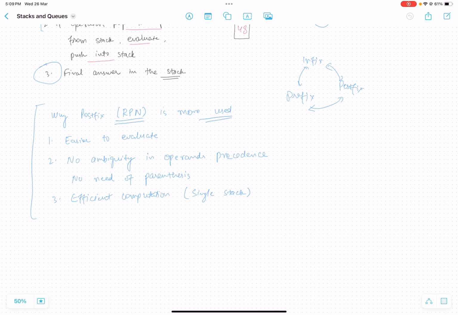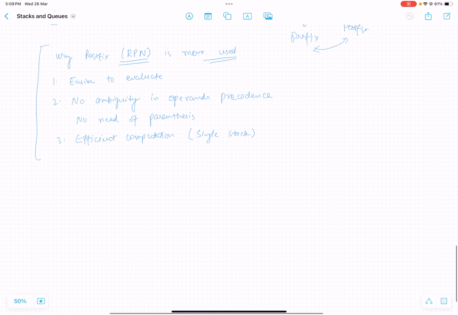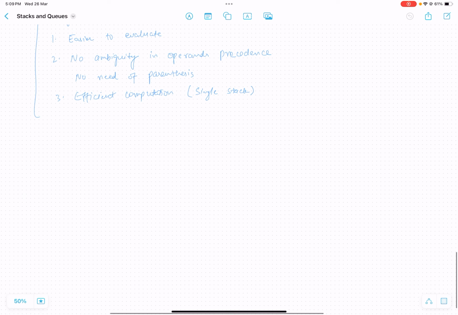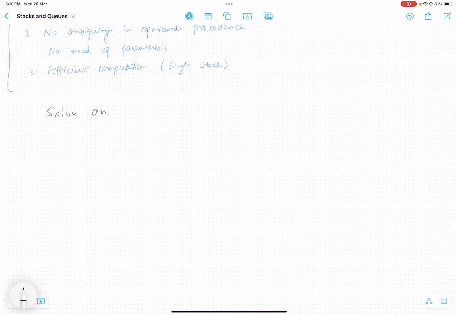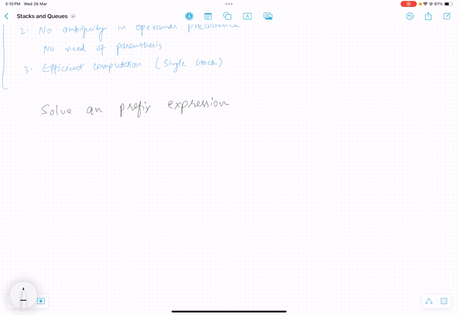So continuing this journey, what we are going to solve today is how to solve a prefix expression. Let's take an example. Before that, let's see what the algorithm steps involved are.